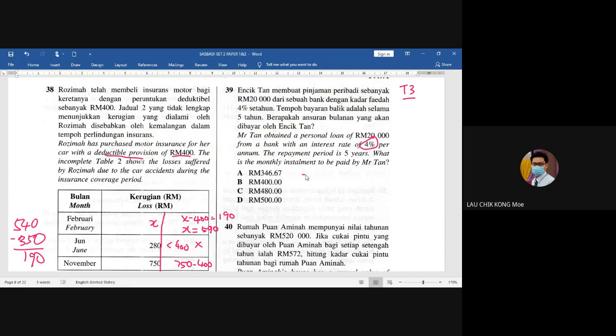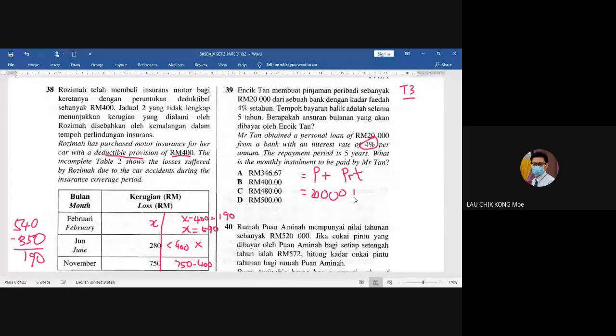The repayment after the 5 year, the formula is P. P is a principal plus the interest, right? The P principal times the R. The R is a rate of 4% and times the year, tahun. How many years? 5 years, right? So this one is 20,000.